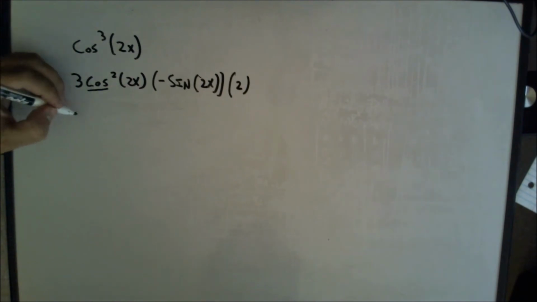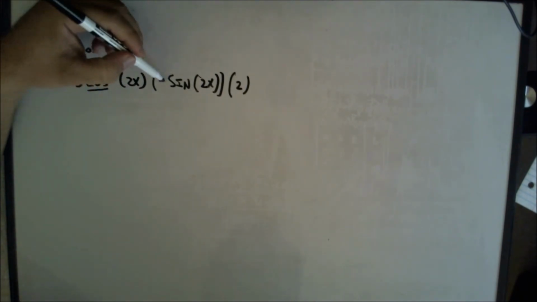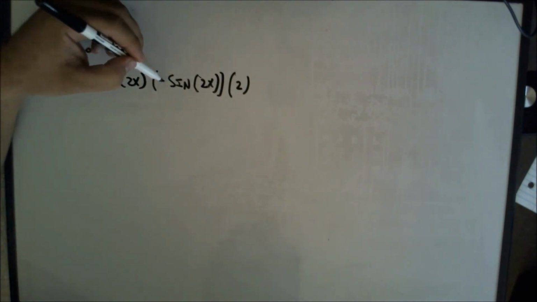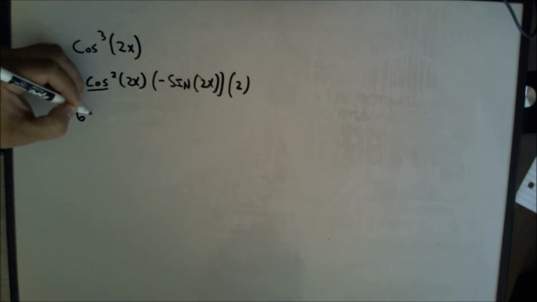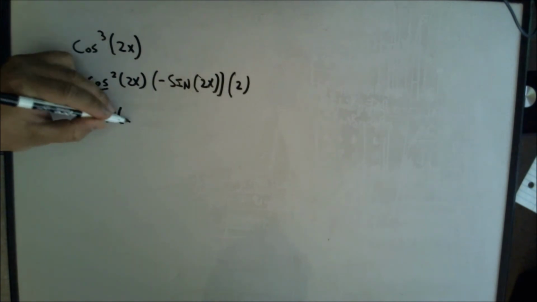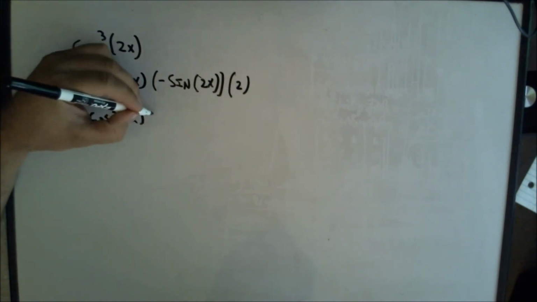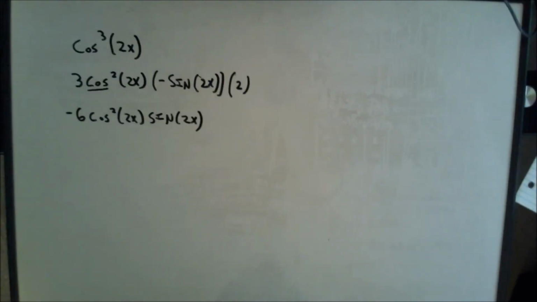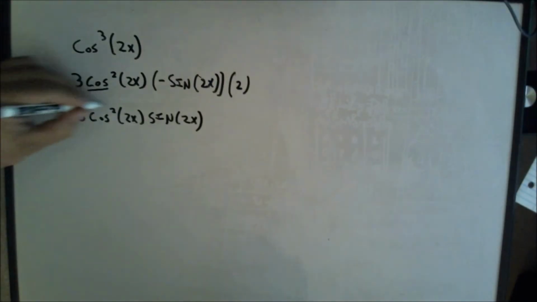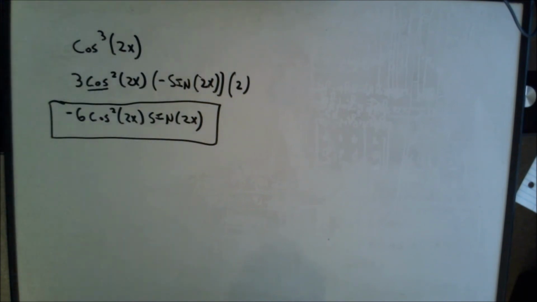So we can simplify this to say, I'm going to pull this negative out front as well and say negative 3 times 2 is negative 6, cosine squared of 2x times sine of 2x. And that is your derivative of that trig function.